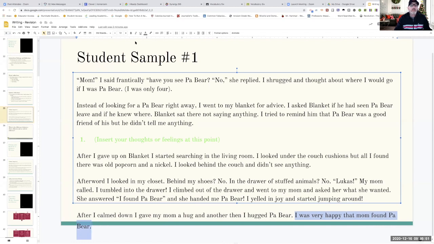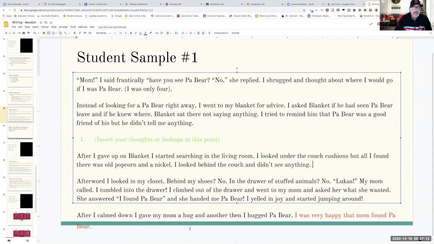If I'm going to get super specific about what you need to revise or change, it would be that particular sentence. Rather than saying I was happy, show me what that looks like.